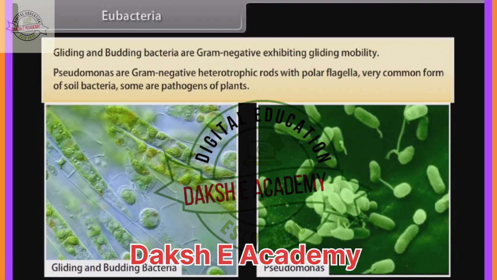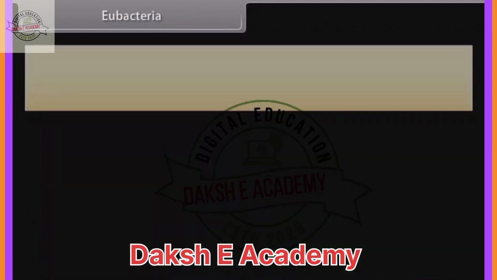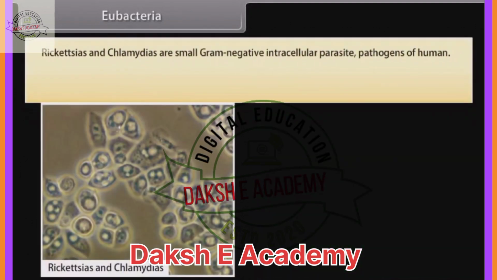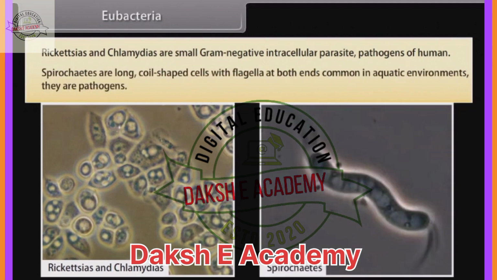Some are pathogens of plants. Rickettsias and chlamydias are small Gram-negative intracellular parasite pathogens of humans. Spirochetes are long, coiled cells with flagella at both ends, common in aquatic environments. They are pathogens.